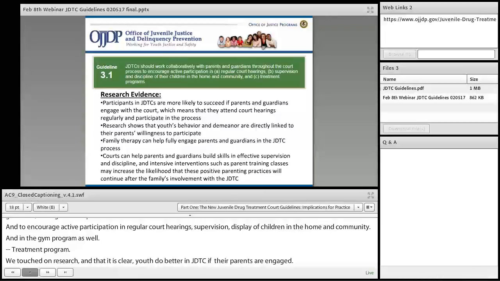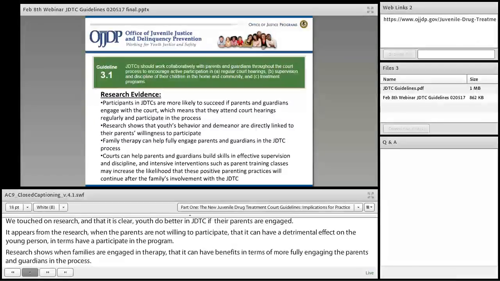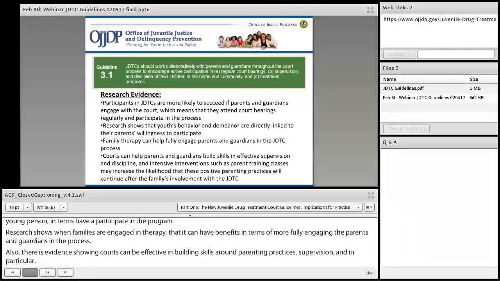There's also research that shows that when families are engaged in family therapy, that can have benefits in terms of more fully engaging the parents and guardians in the court process, and also that there's evidence that shows that courts can be effective in helping parents and guardians build their skills around parenting practices, supervision in particular, and that those improvements in the parenting practices can be sustained after the young people leave the court or graduate from the court.